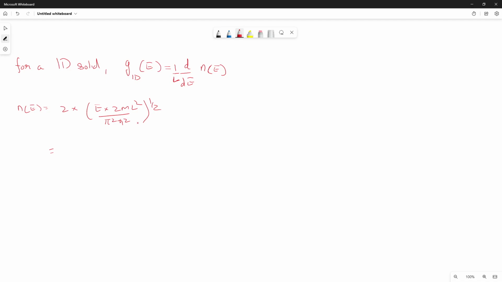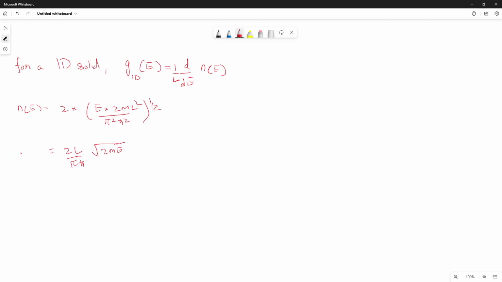So pulling out all the terms that are squares, I have 2L by pi h bar into square root of 2mE.